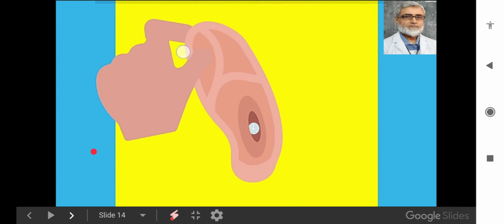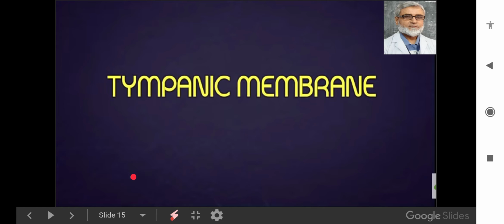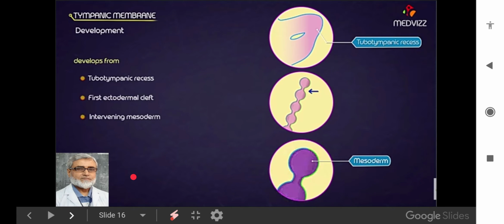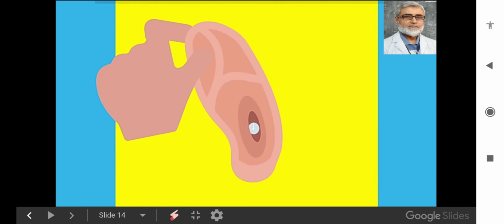See here, with the help of fingers, superiorly it is pulled up and laterally or slightly posteriorly. Now you can visualize here the white ring, the tympanic membrane. You can see the tympanic membrane.